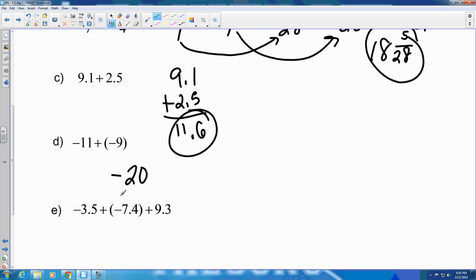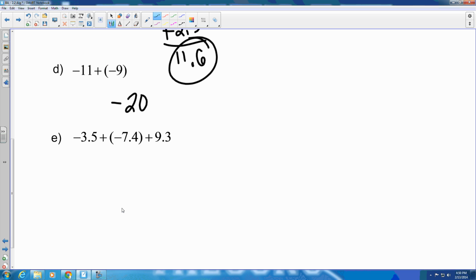And E, this is an example of using the associative property, choosing to add one or more. Since I have two negative numbers, I'm going to choose to add those two negative numbers first. So negative 3.5 plus a negative 7.4 is going to give me a negative 10.9.